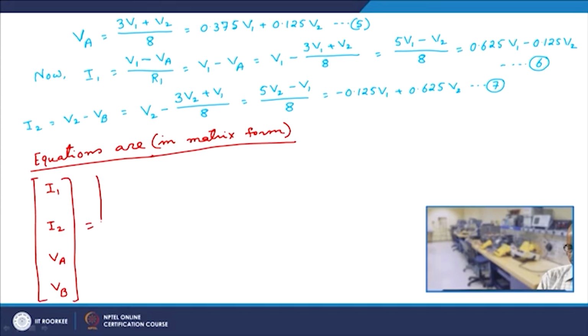There will be something, we will fill up these blanks, and this would be V1, V2.